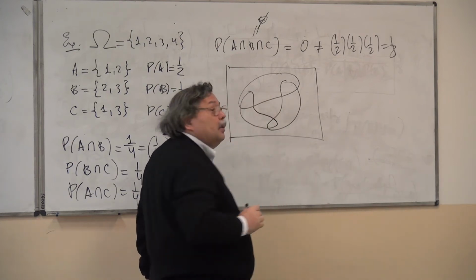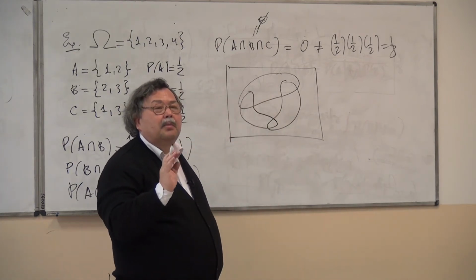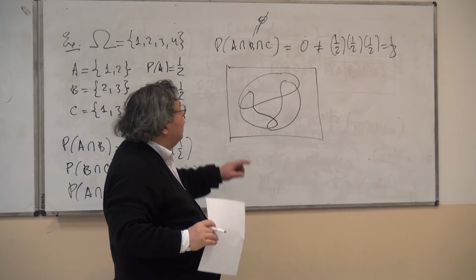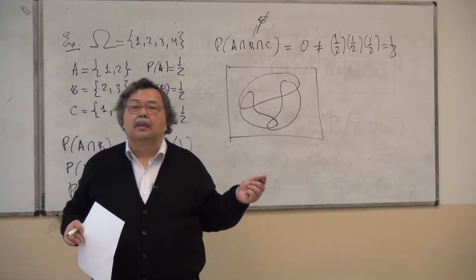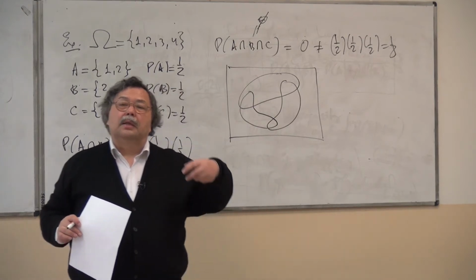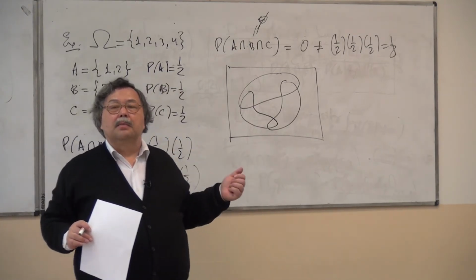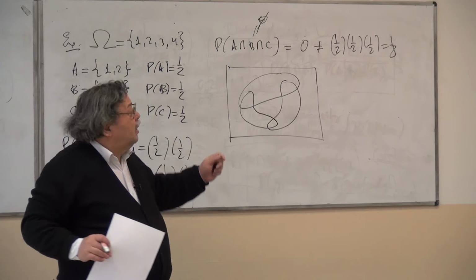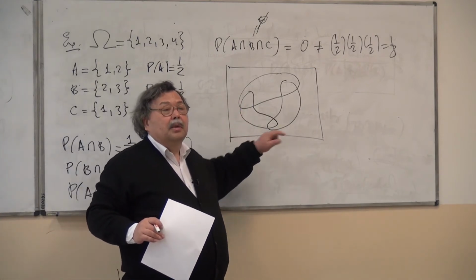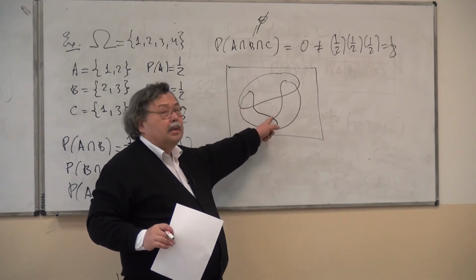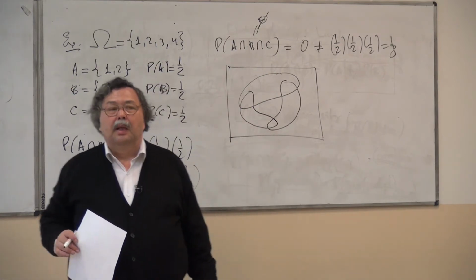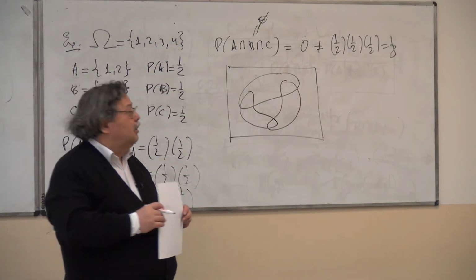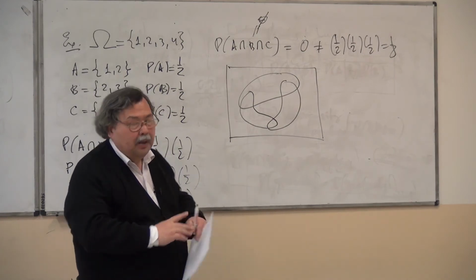This is very approximately what's going on here. The intersection of any two of the events is not empty, and actually the events are independent, any two. But not all three of them, because the intersection of all three is empty, and the probability is zero. So, independence is not a very simple concept.